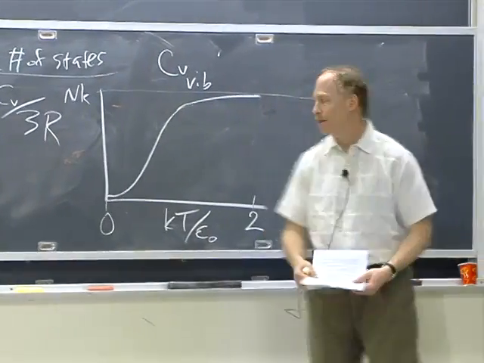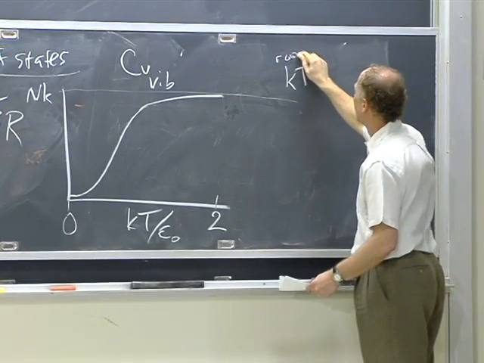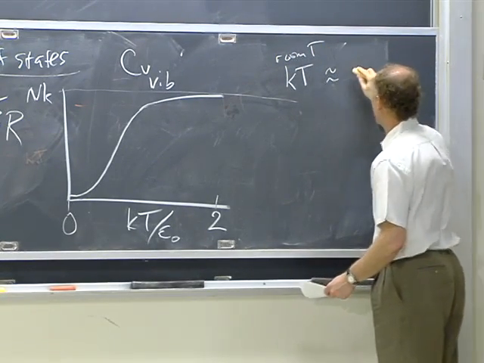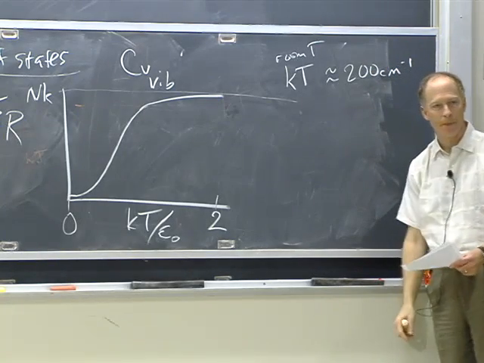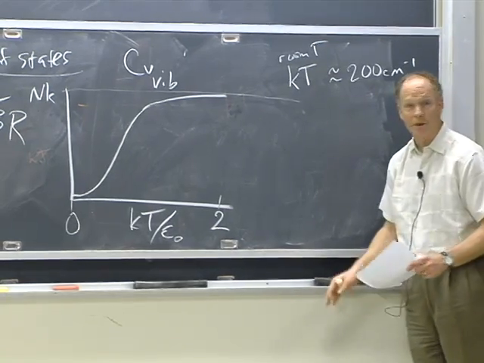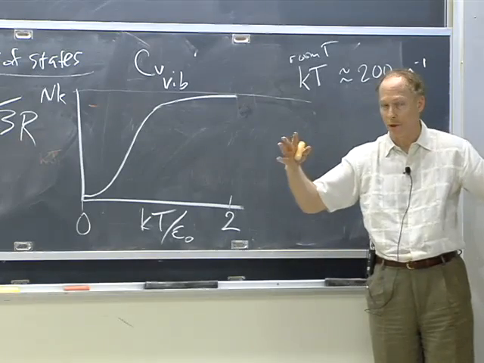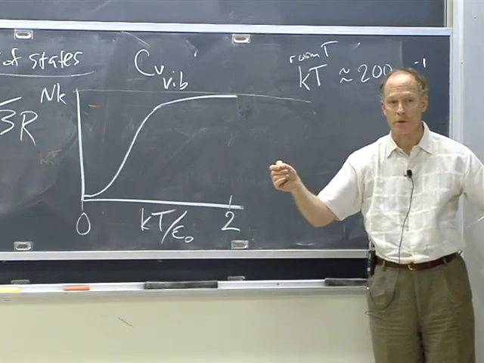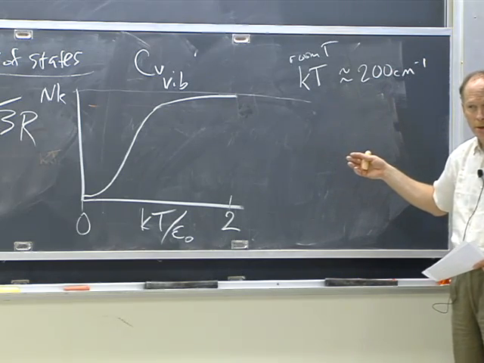Here's a kind of calibration. kT at room temperature is about equal to 200 wave numbers. So molecular vibrations, you know, you've taken IR spectra perhaps, they're typically on the order of 1,000 wave numbers or so. kT isn't bigger than the vibrational energy.